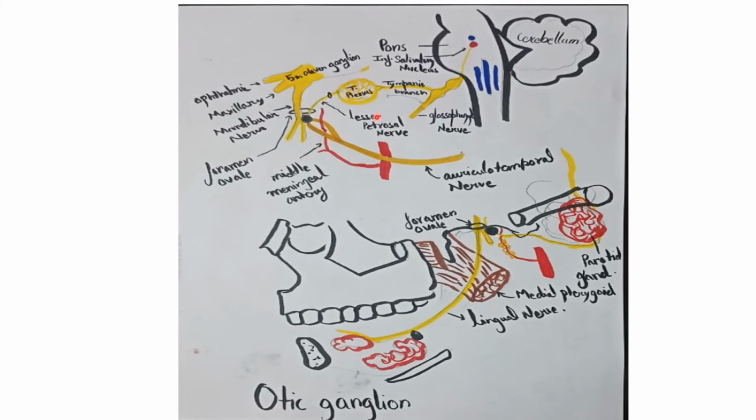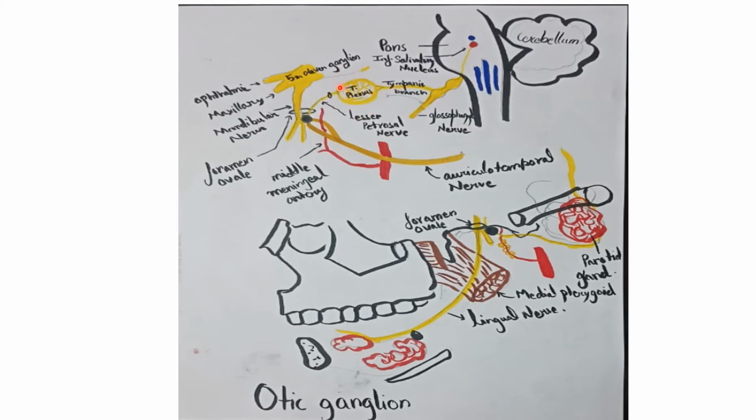Over the promontory, there is a formation of a plexus, and this plexus is called the tympanic plexus. Tympanic branch is a branch of the glossopharyngeal nerve and it forms over the promontory a tympanic plexus.